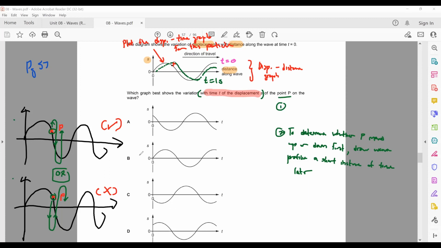Now you see, when you look at the answer choices A, B, C, and D, notice that B is where your position is 0.